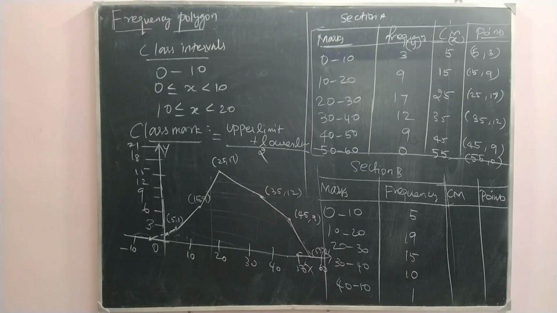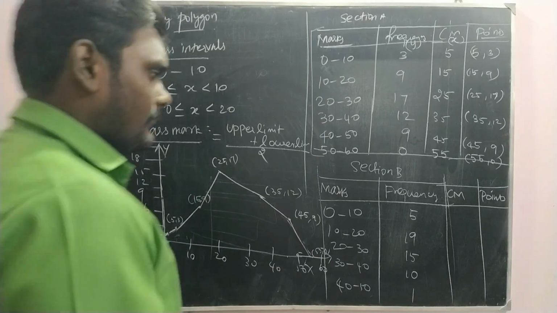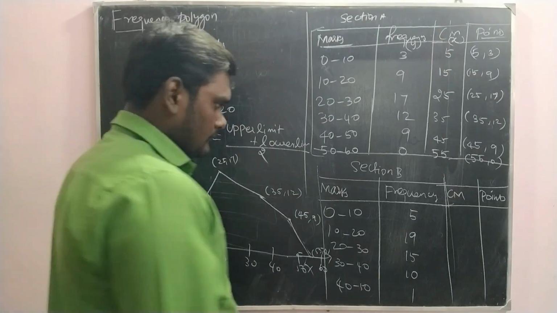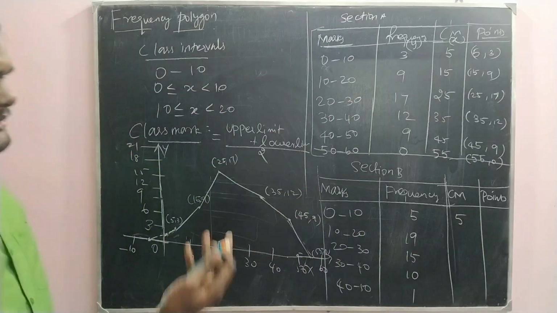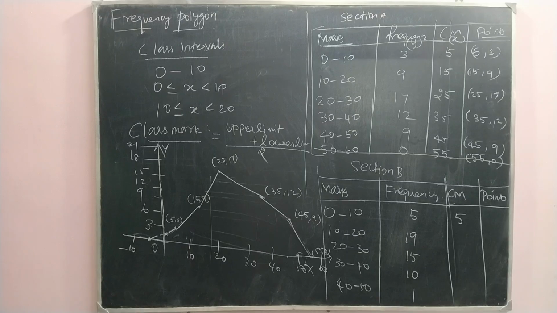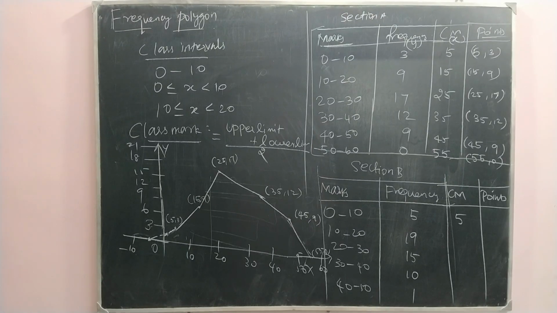Yes, what trick? First interval you should calculate. Class size. Same points will come. They are the same, isn't it?